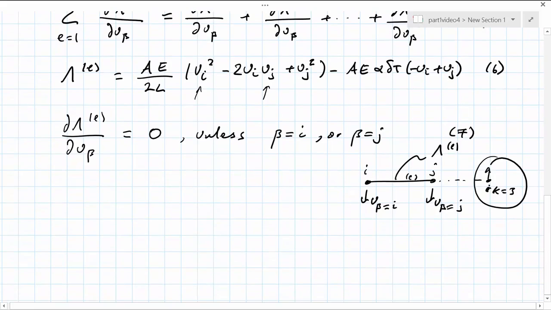So therefore, the contributions of displacements Ui and Uj to element E are given by the following expressions.